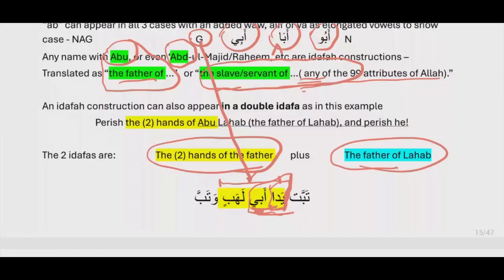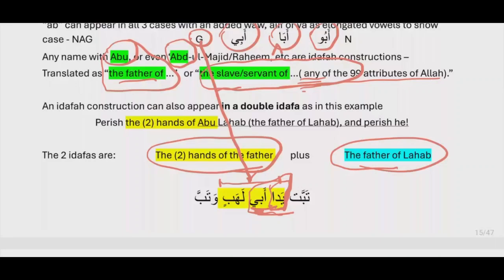So a double vowel, a tanween, at the end of a word only applies to nouns and adjectives. You can't have a tanween or a double vowel on a verb. That's the one big difference. And also the ending gives you case: nominative, accusative, and genitive, which in verbs you don't have.